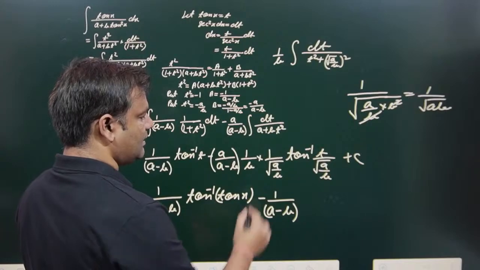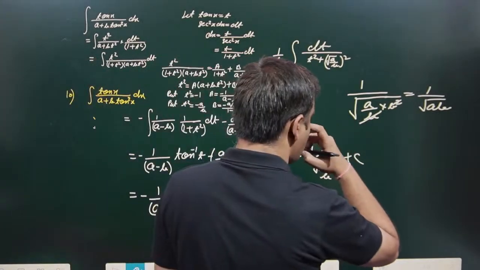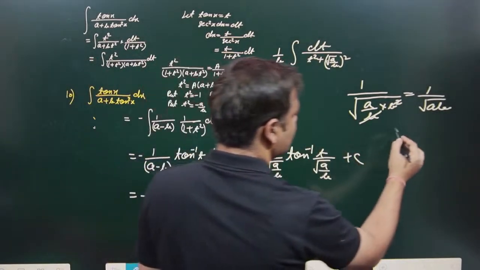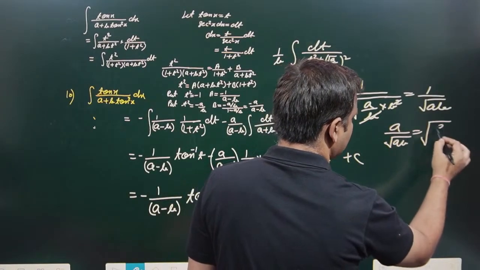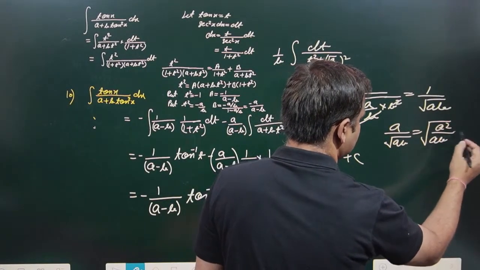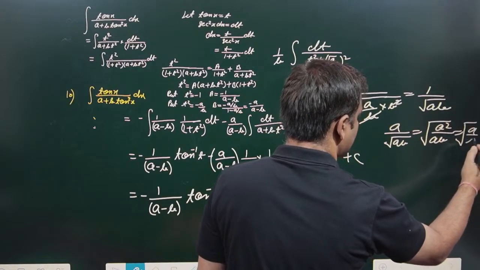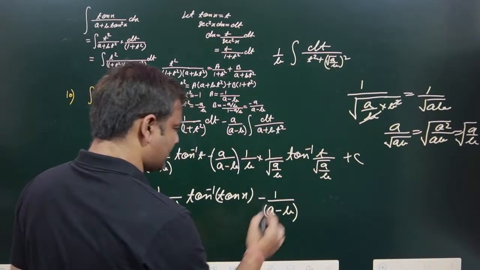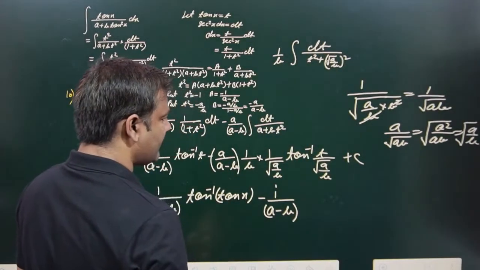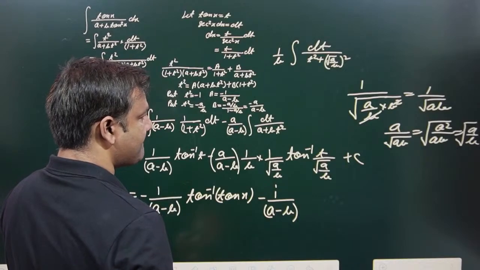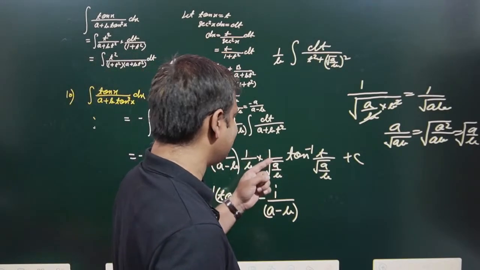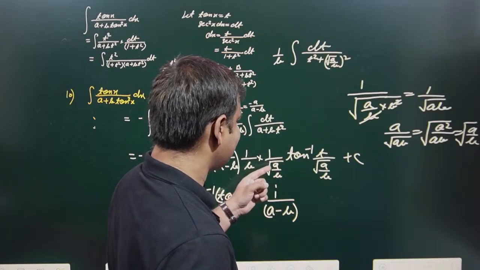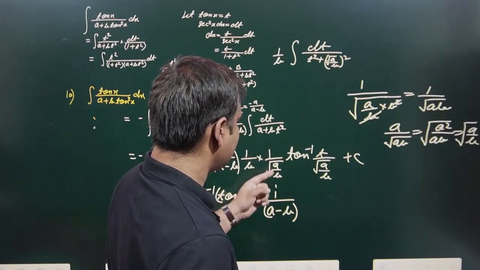If a is also going on, a upon root a into b is written as a square upon a into b, so that is basically a by root a by b.